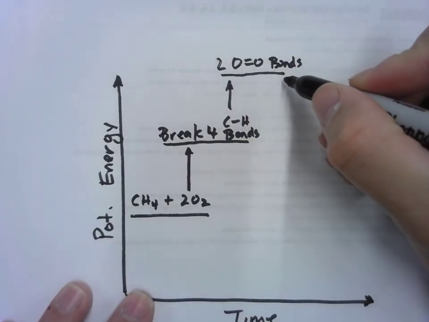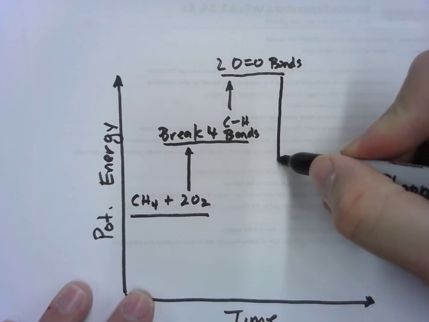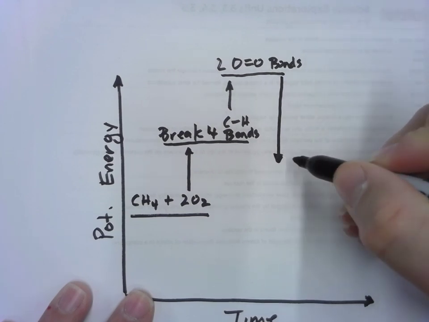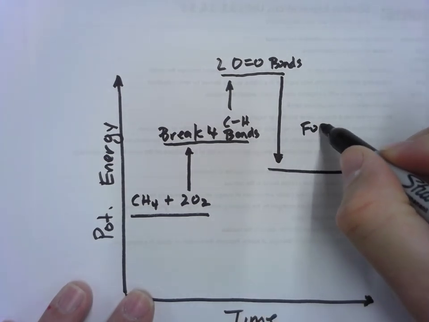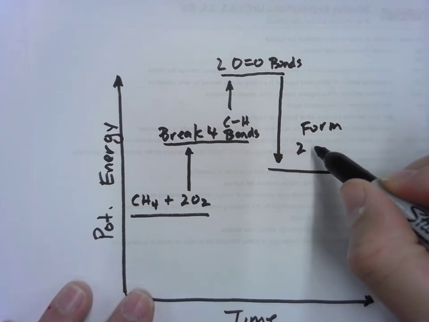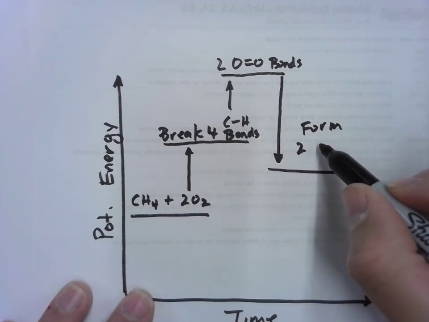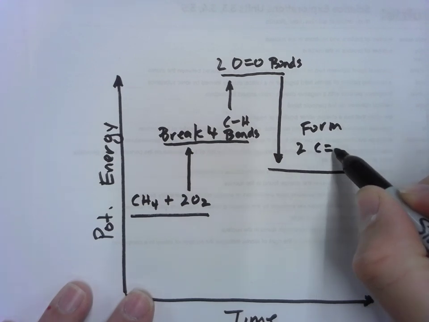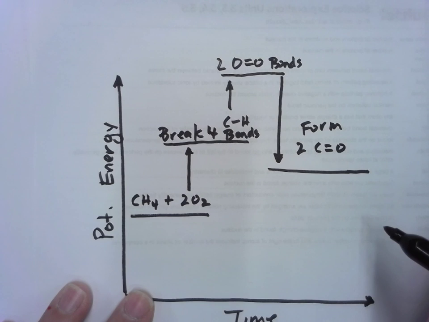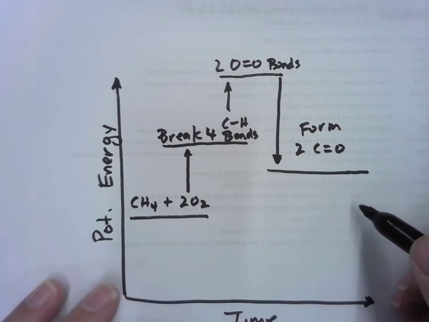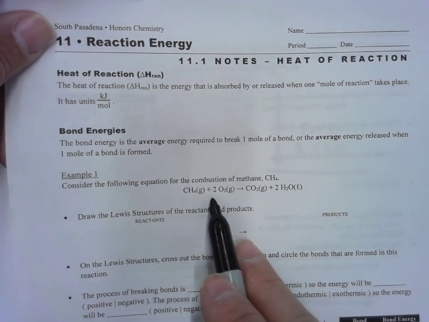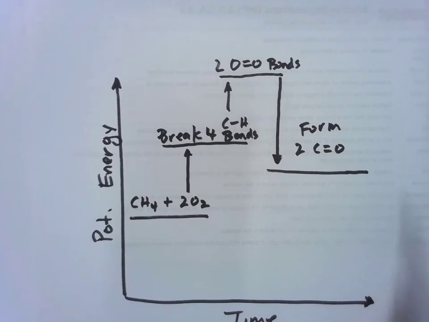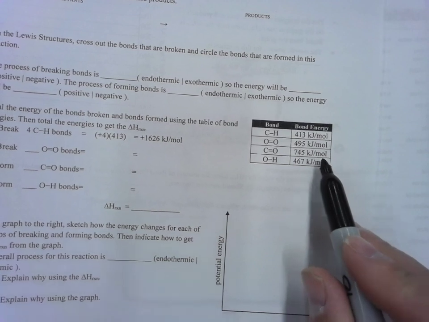Okay, so then what happens? Well, we form 2 CO double bonds, right? Because we get CO2. If we look back at our equation here, we form 2 CO2 molecules. And what's the value of that energy? 745 kilojoules per mole.